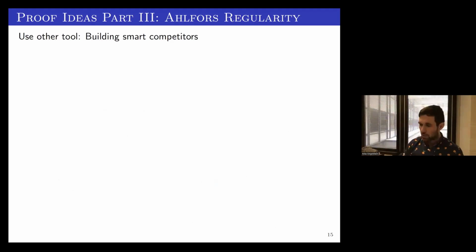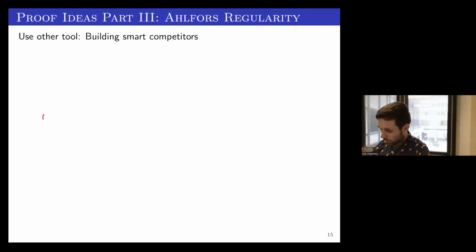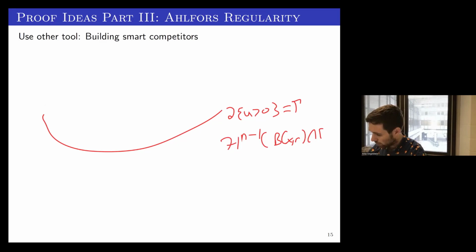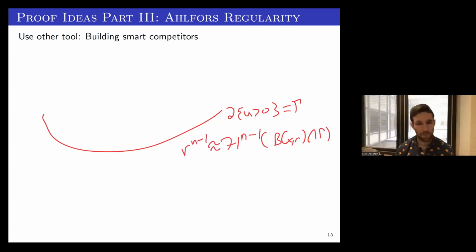And then the final proof I want to talk about is the Ahlfors regularity. So let's just remember, here's, let's say, the boundary of where u is positive. And what I want to show is that H^{n-1} of any ball centered on this boundary, let's call this gamma, is roughly r^{n-1}.